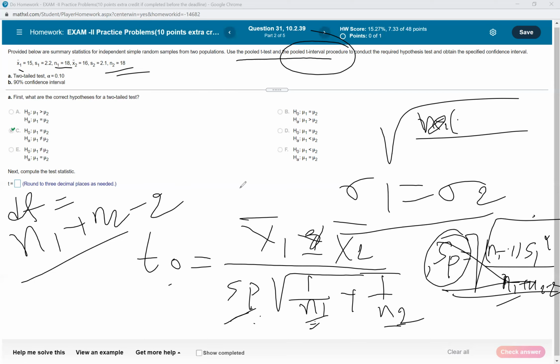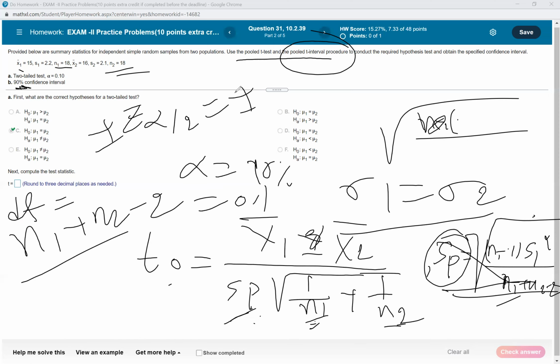Since this is a 90% confidence interval, alpha is 10%, which is 0.1. So you find plus minus t alpha over 2, because we are using the t-test, so plus minus t 0.05. From the t-table, you will find the critical value.